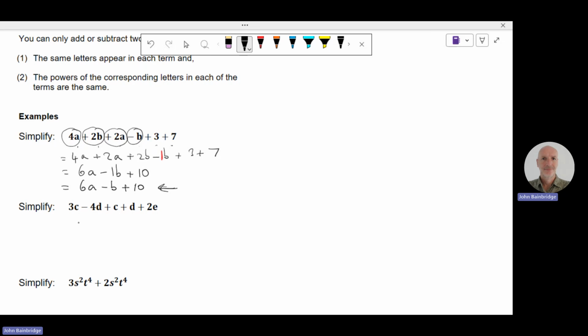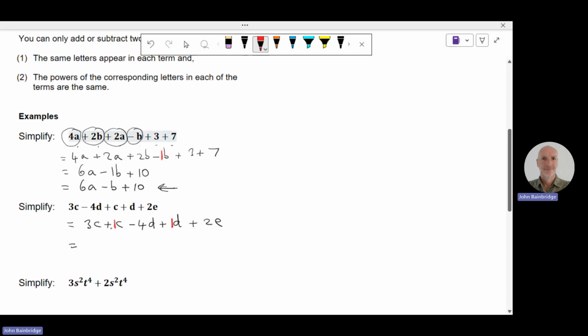Let's do this one down here: 3c minus 4d plus c plus d plus 2e. Again, I will put the letters which are similar next to each other: 3c plus c minus 4d plus d plus 2e. Just to make it more clear, this c is like a 1c and this d is like a 1d.